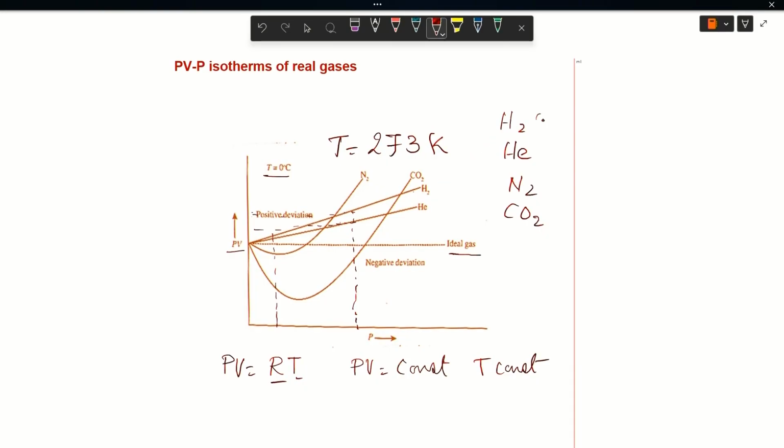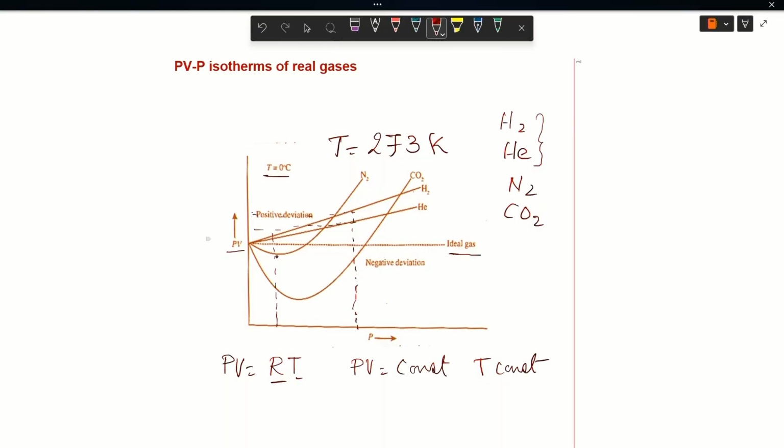So, when pressure is increasing, the product of PV is also increasing in the case of hydrogen and helium. This is one type of behavior. When pressure increases, the product of PV increases, which means it is showing a positive deviation.